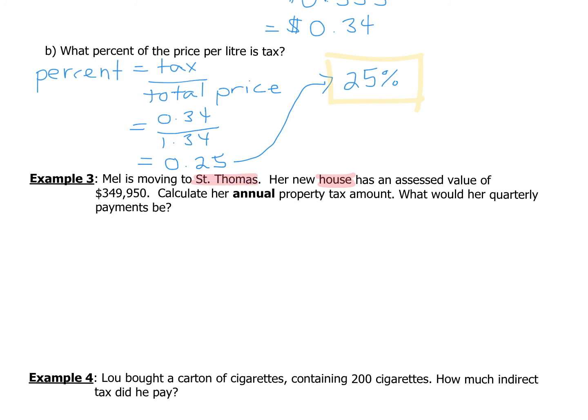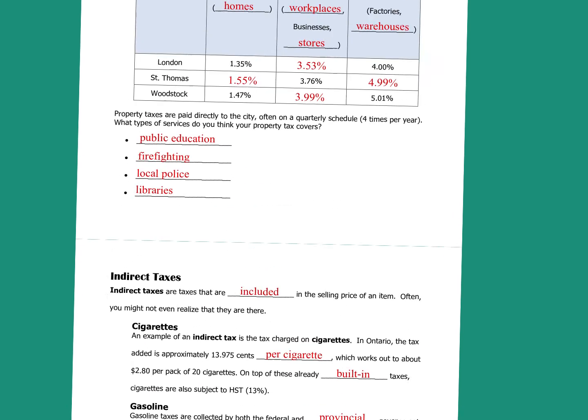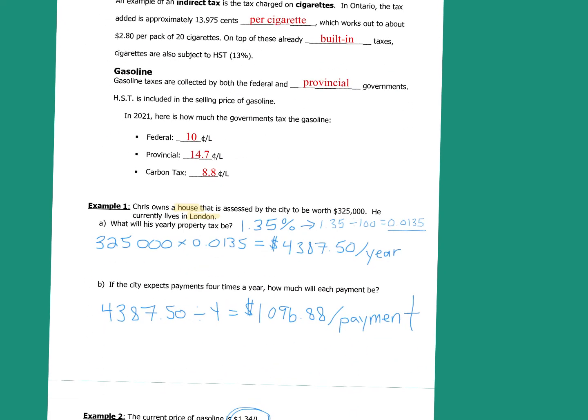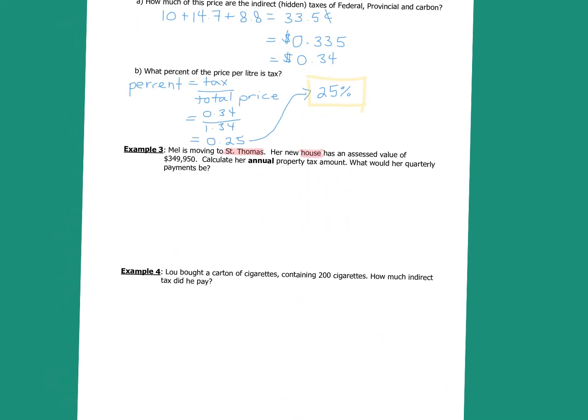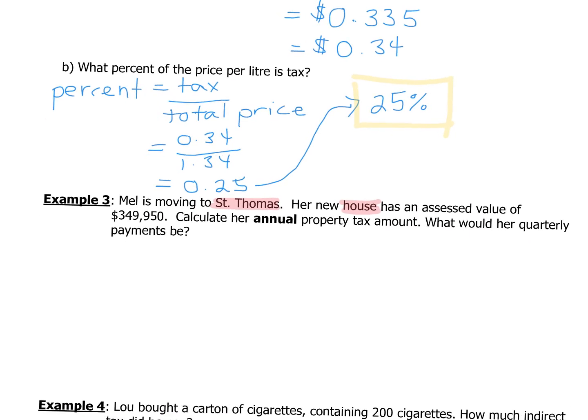We're going to scroll up and figure out what percent we're dealing with when we're talking about property taxes for a home, so a residential in St. Thomas. Let's find out. St. Thomas for residential is 1.55%. Okay, we're going to write that out now.